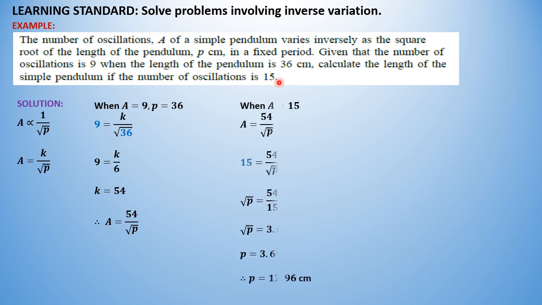So the third step is A equal to 15. And then K is 54. Now we find the value of P, right? Okay, this one moves up, this one moves down, divide, you get 3.6 square root, move to the right hand side, square. So the length of the pendulum is 12.96 centimeter.